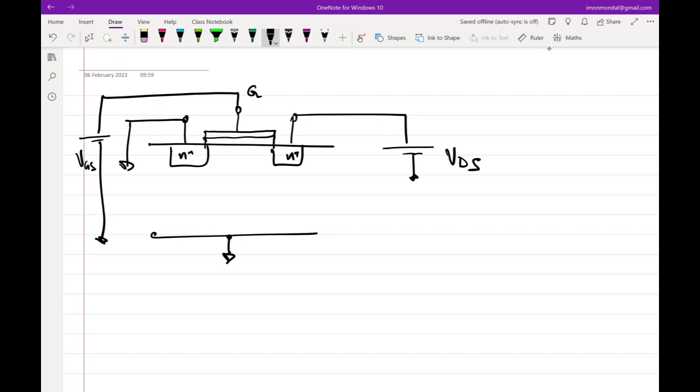Okay. So then we saw that if we apply a voltage VGS greater than the threshold voltage, then we will accumulate mobile electrons there.